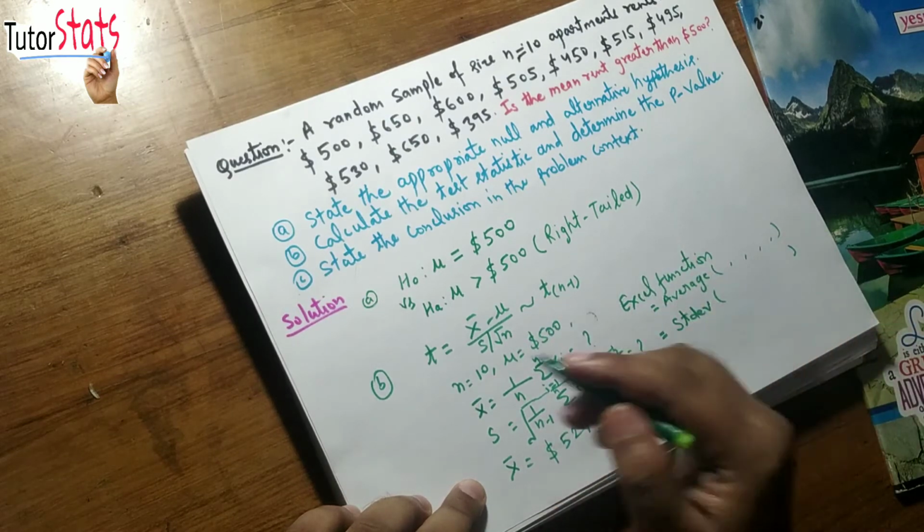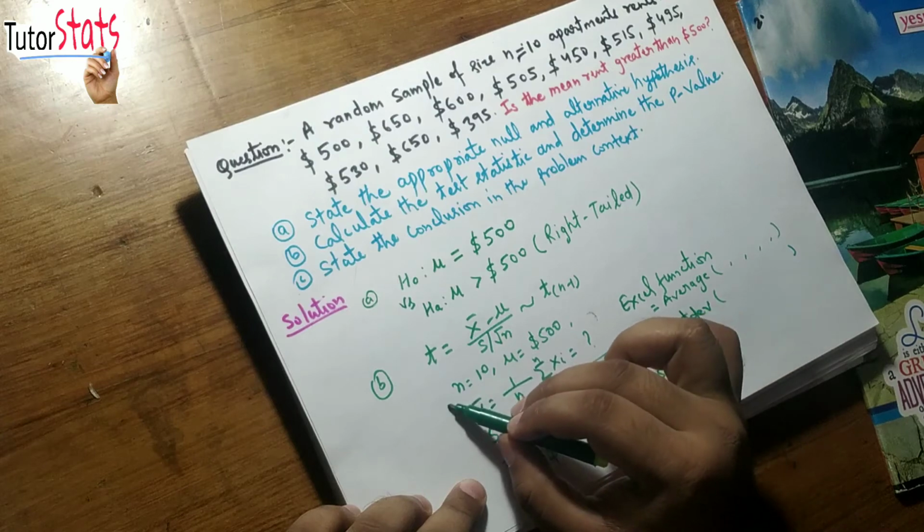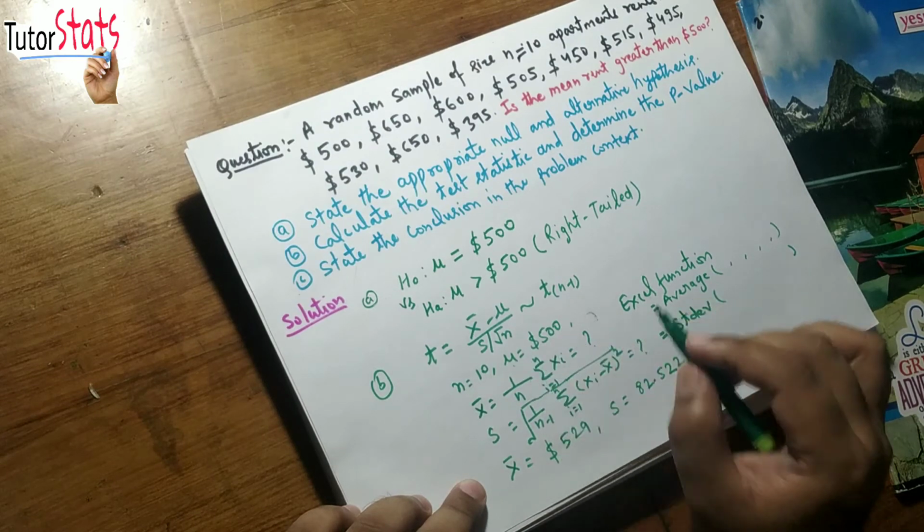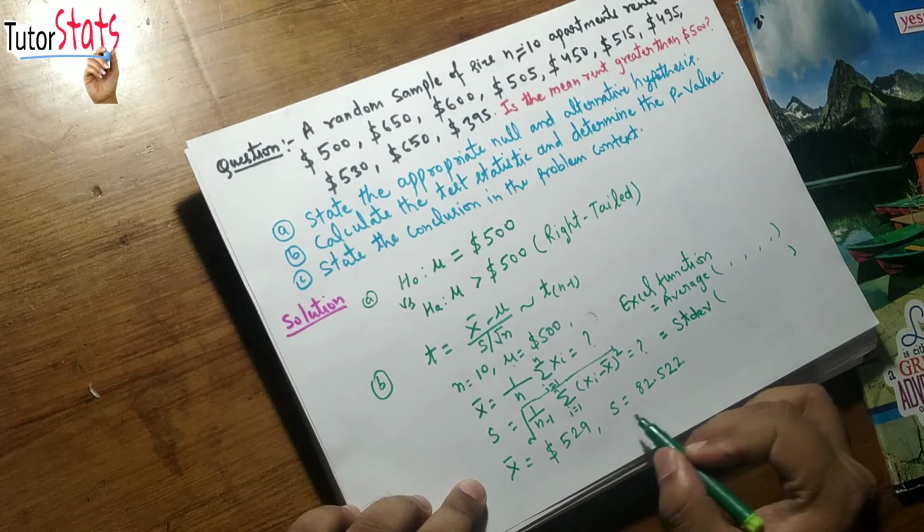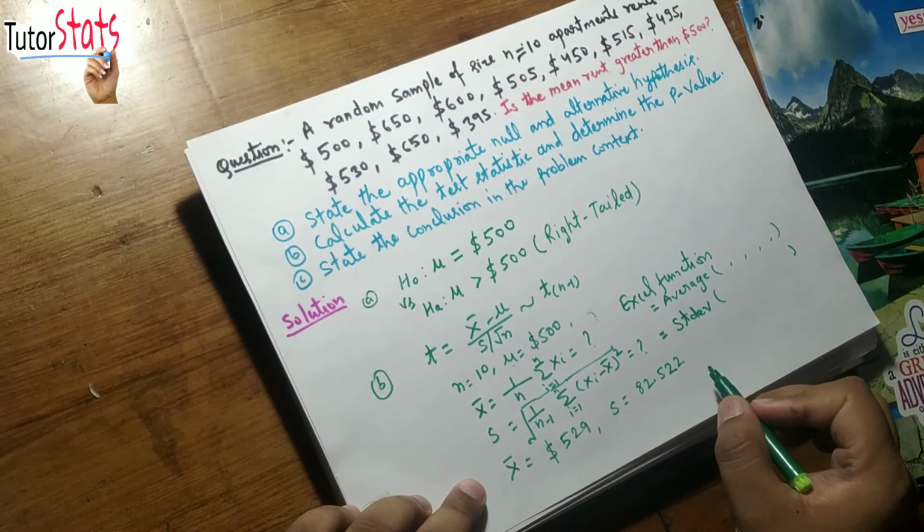Okay, so now we have sample size, population mean, sample mean, and sample standard deviation.